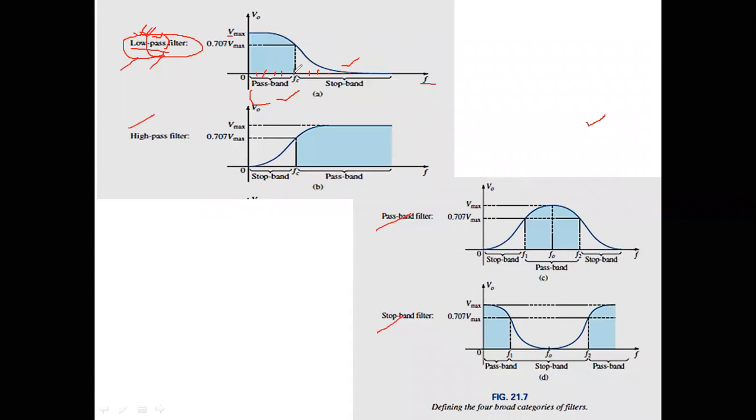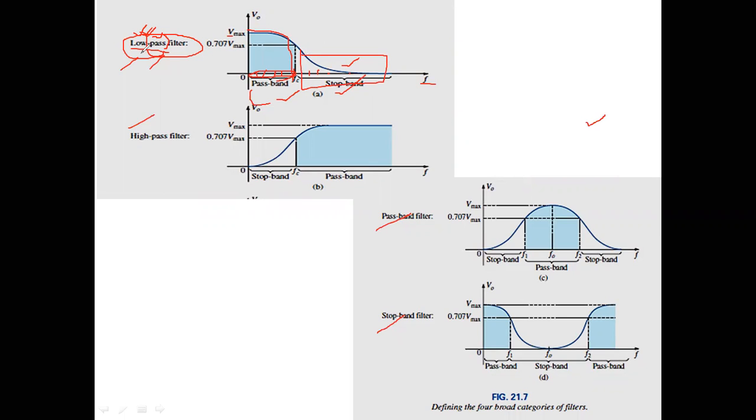So for this frequency range it gives us the output, and for this frequency range it stops this band, it doesn't allow this band. So this is called as the low pass filter.